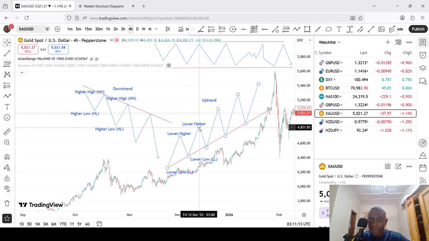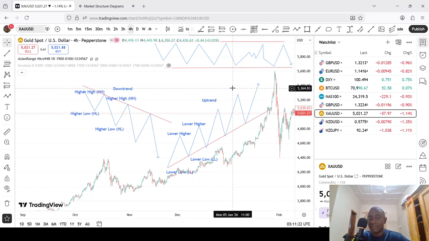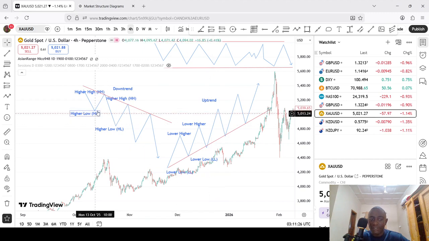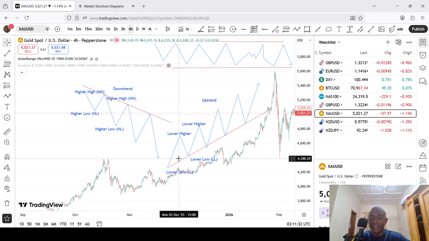It doesn't necessarily have to come below this. It can just come around this and go up like that. So there is always that pullback once price breaks. The same thing if you are coming from the top. The price also behaves in that manner. And this is very key.